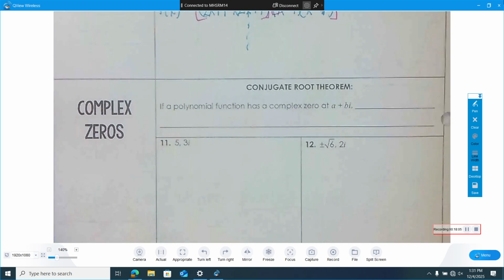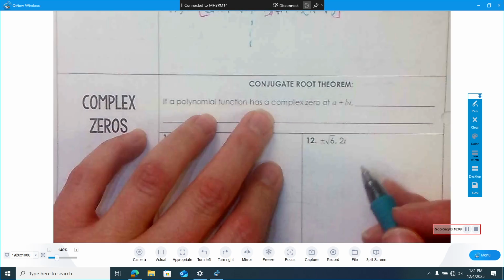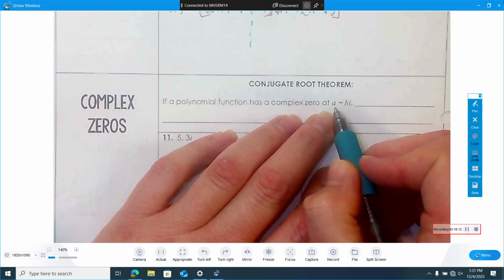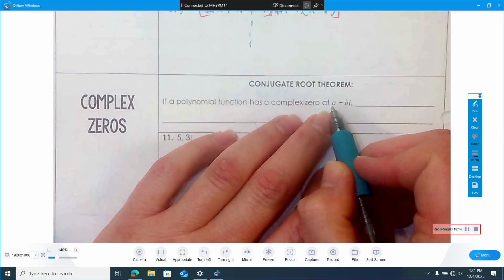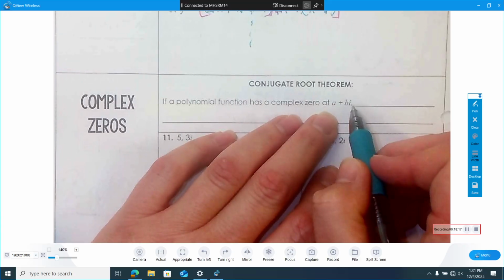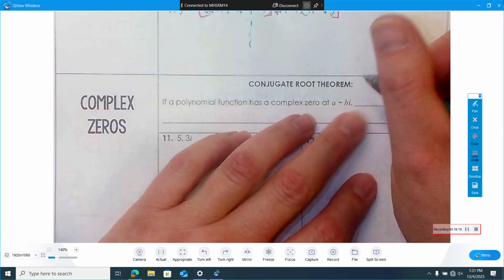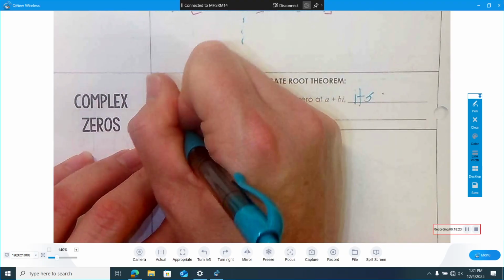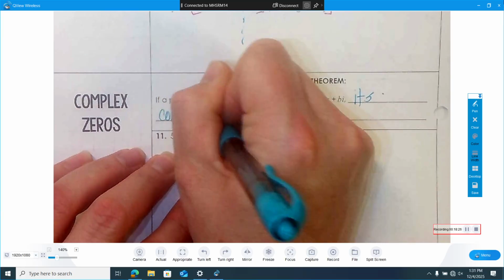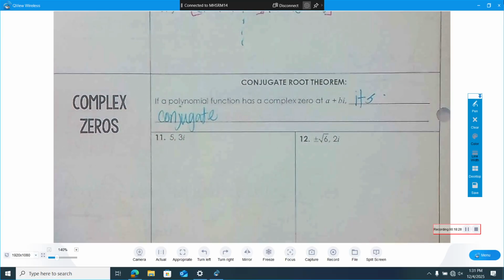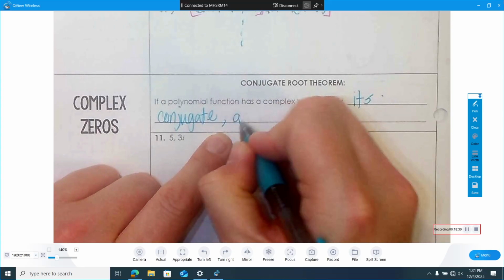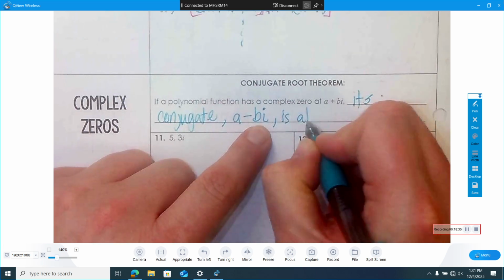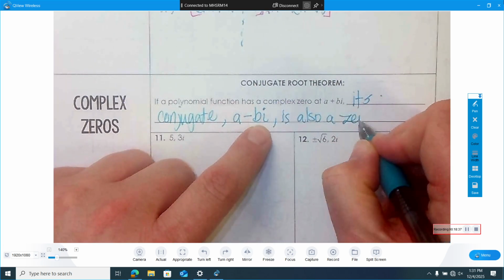The conjugate root theorem says if a polynomial function has a complex zero, a plus bi, again, they're just placeholders for other numbers, all right? So 3 plus 2i or 3 minus 2i, then its conjugate a minus bi is also a 0.